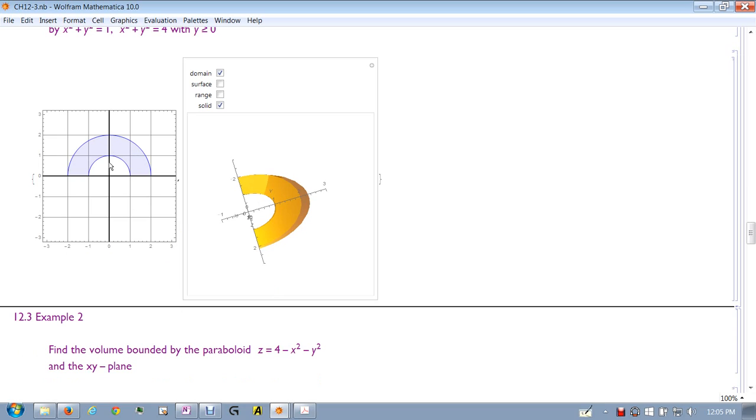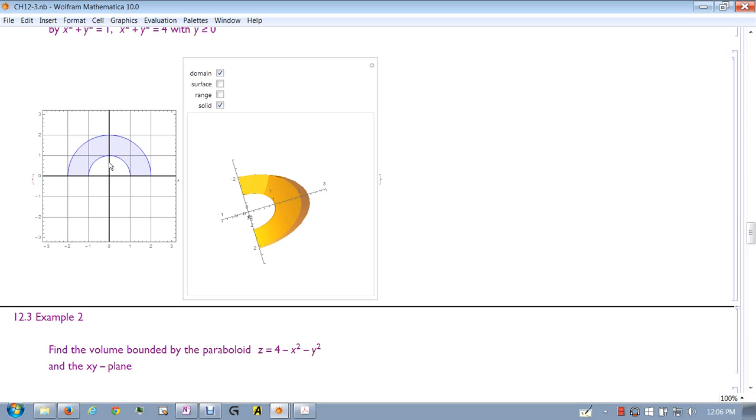Think about this region right here. What can you tell me about all the points that live in this region? The radius of every point is between where and where? 1 and 2, right? And the angle, all your thetas are between what? 0 and pi.